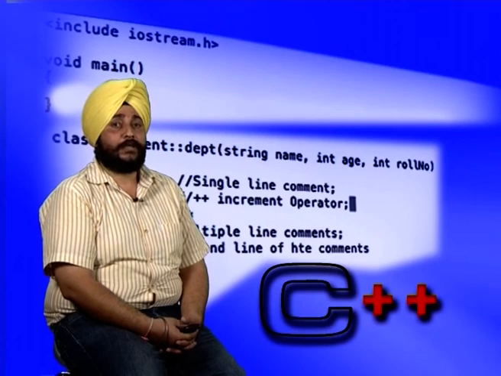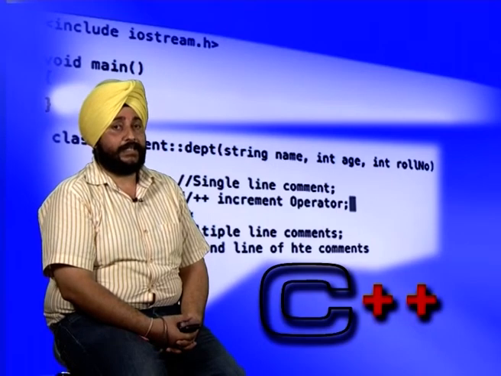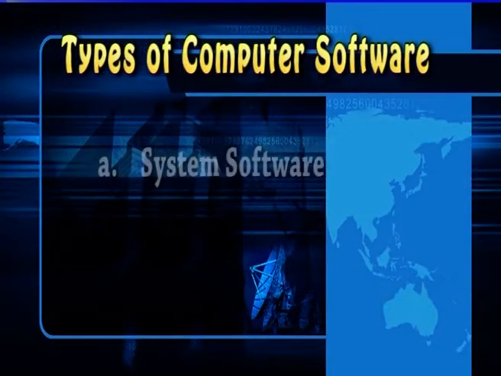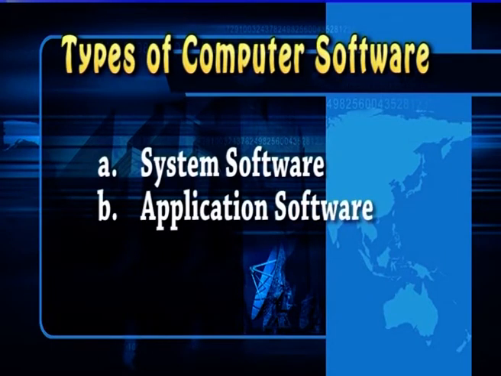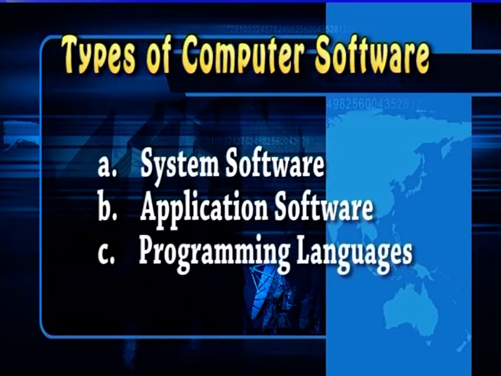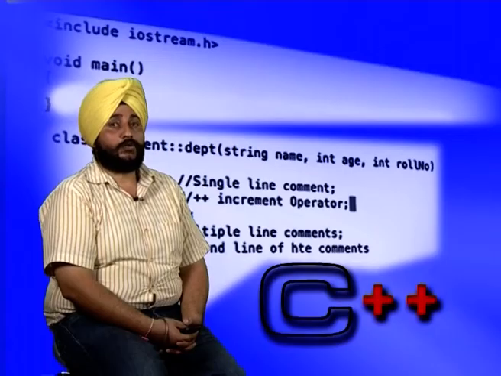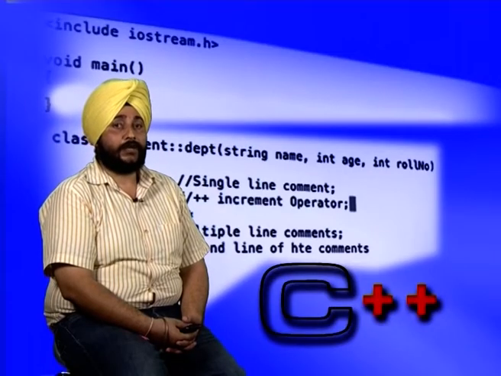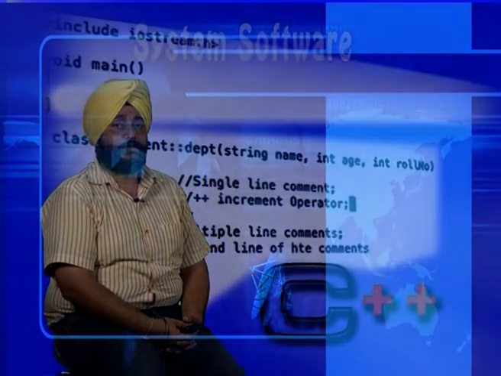Software can be broadly classified into three categories. First is system software, second is application software, and third is programming languages. To control the functionality of hardware components of a computer, we require system software.